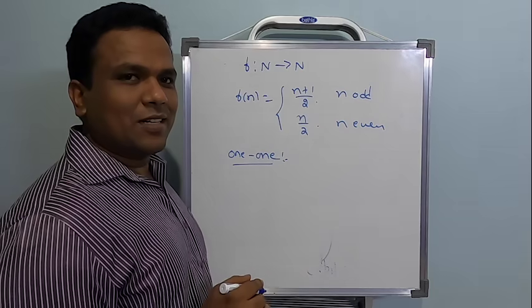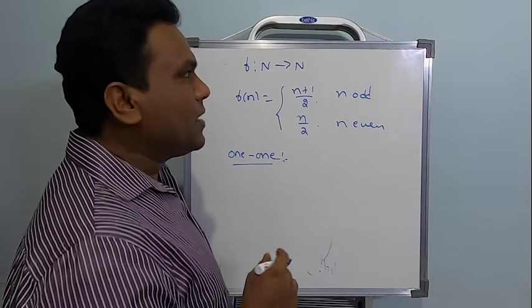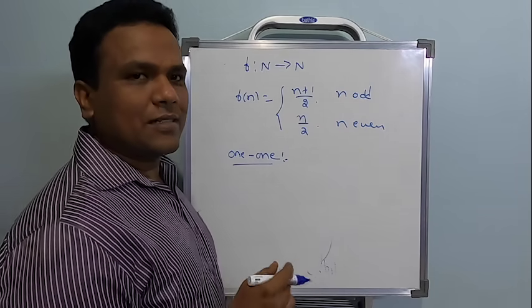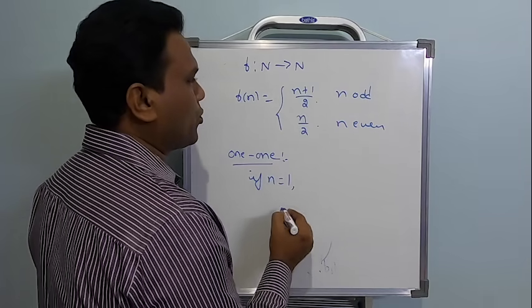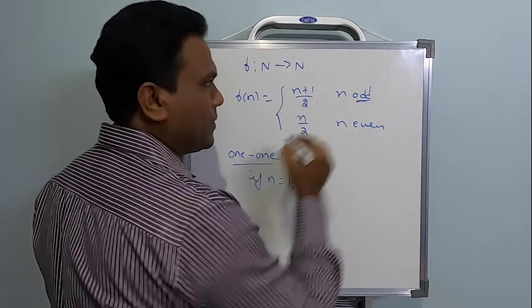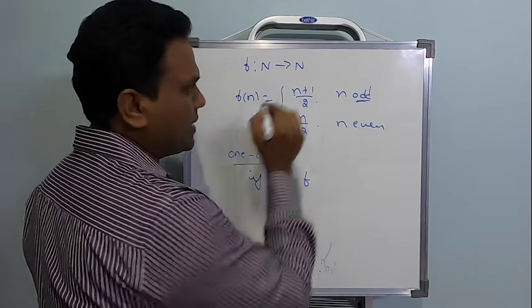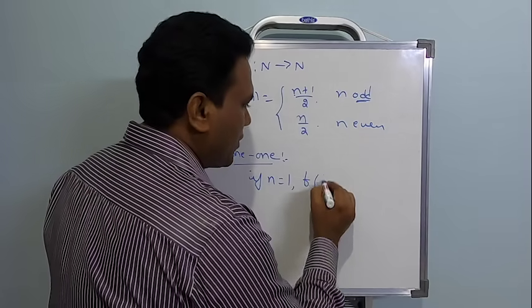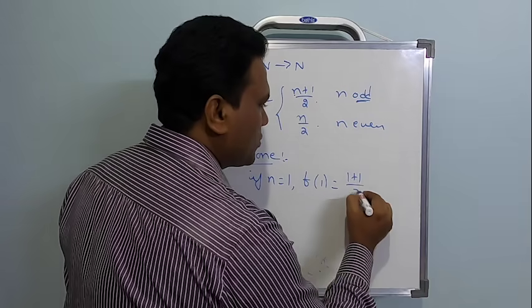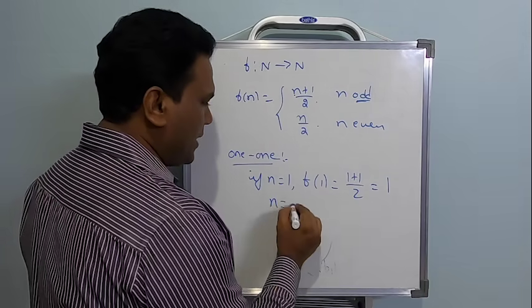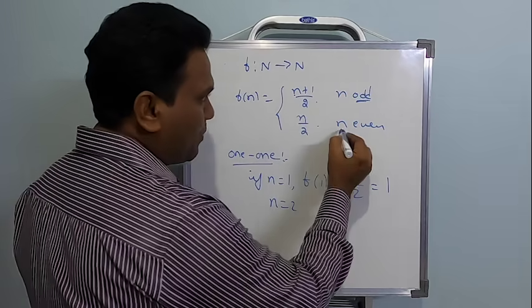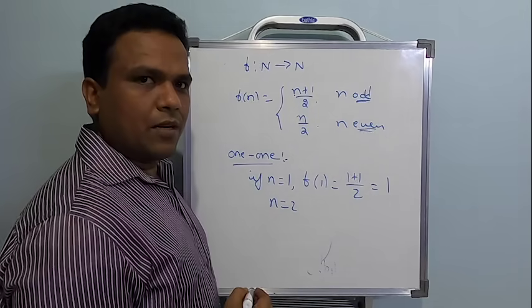I will not use the general method actually. Instead, I will use some examples. Now, if I put n equal to 1, n equal to 1 means the odd condition should be used, right? This definition will be used. Then f of 1 will be equal to (1 plus 1) by 2, which is equal to 1. Now let me put n equal to 2. 2 is an even number.